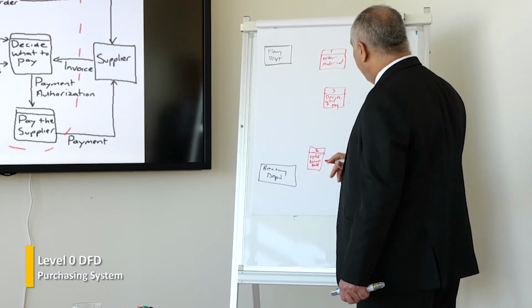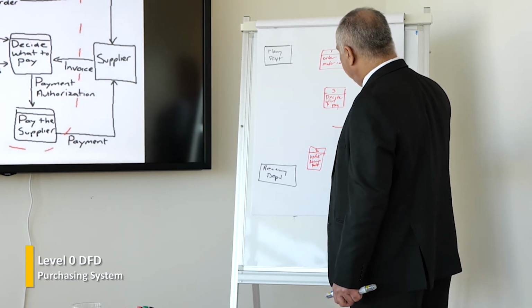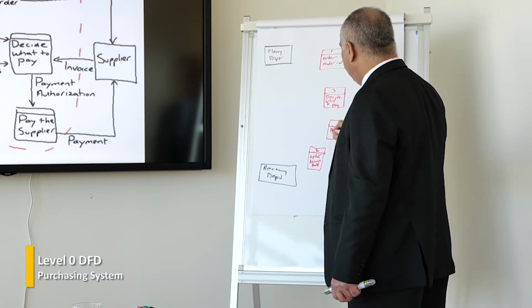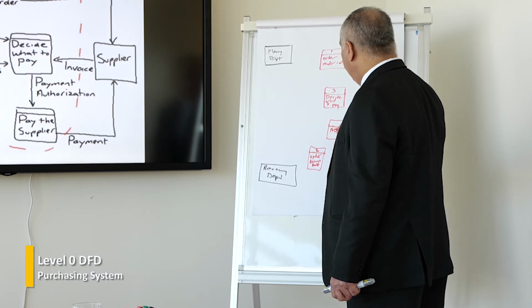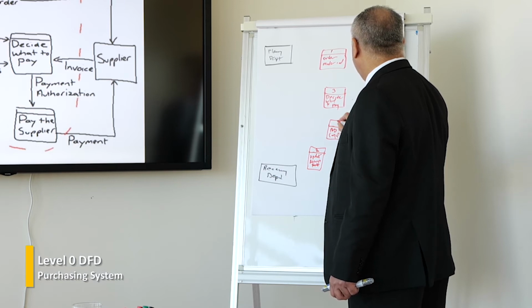The fourth process is what? To make payment. Pay the supplier. That's number 4.